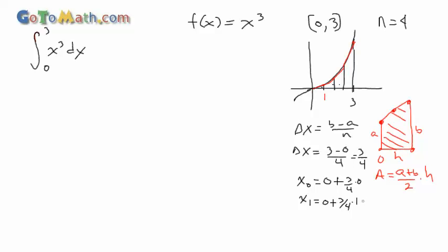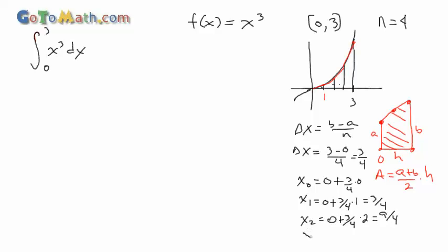So as you can see, this number here is going to end up being 3/4 or 0.75. And then we got x of 2, and that's going to be equaling 0 plus 3/4. Remember, that's our delta x, and we're going over how many delta x's? 2 of them. And so that ends up being 9/4. Well, I guess it doesn't actually simplify down to that.